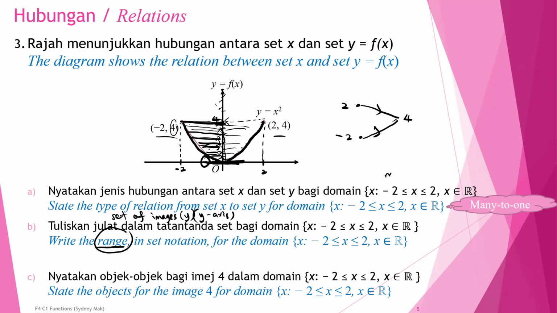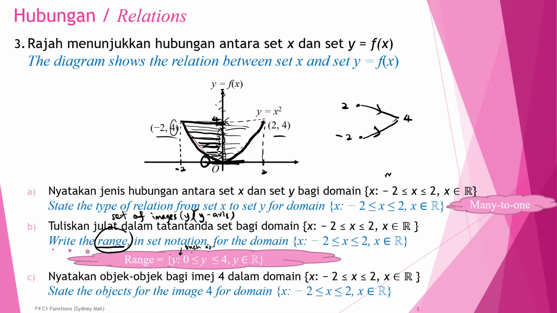What is 0 to 4? And we have to write it the set notation way. It's like this. Our range consists of a set of y, such that y is in between 0 and 4, and y are real numbers.